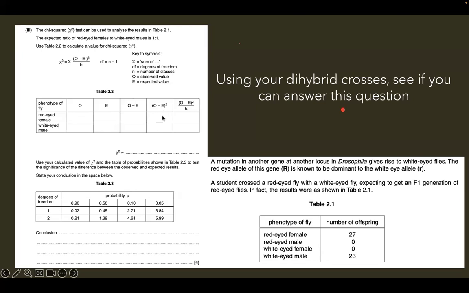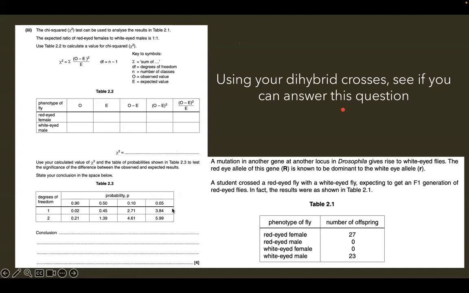And then these parts should come quite easily once you've worked out these two. Okay, so I'll give you a few minutes to do that. And as I said, once we've calculated our chi-squared value here, we've only got 2 categories. So we're going to do 2 minus 1, which means our degrees of freedom is 1. And then we're going to scout along to, it depends on which statistical value they want us to use, the probability, but it's usually 0.05, okay?